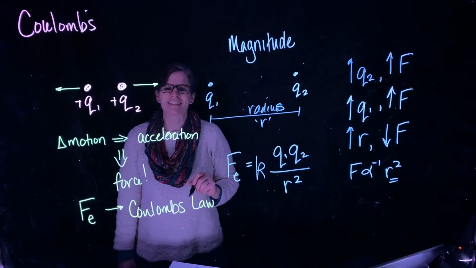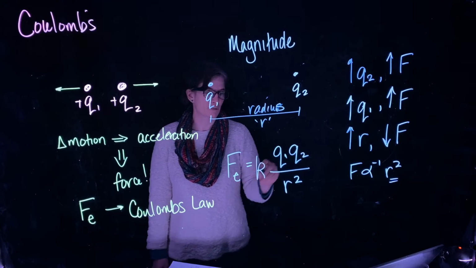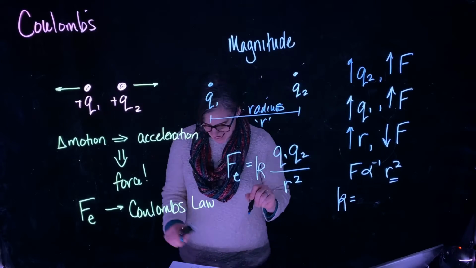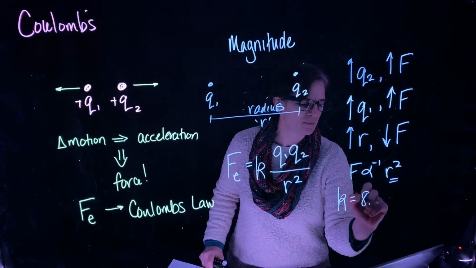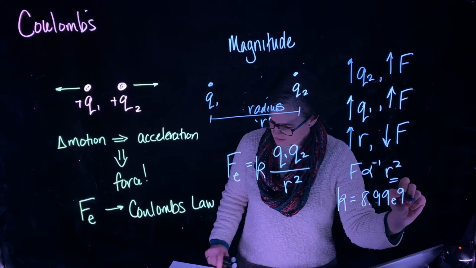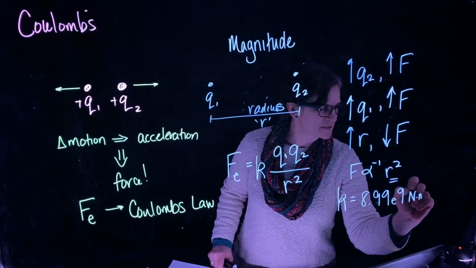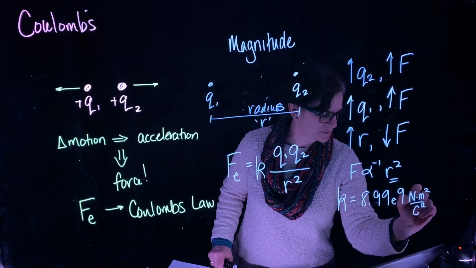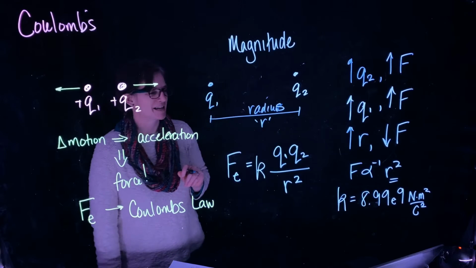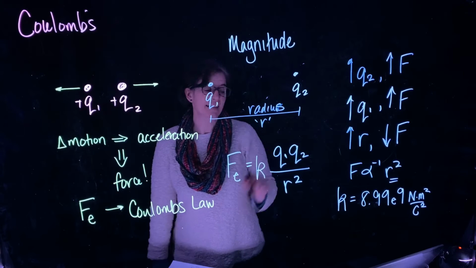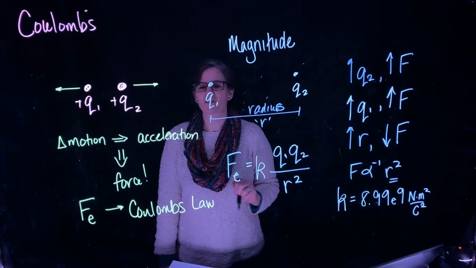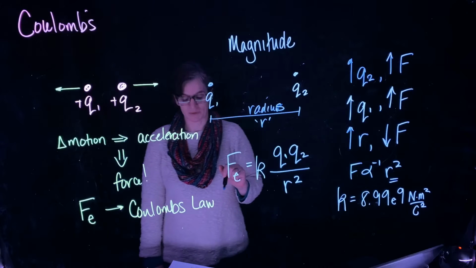We use the letter K for our constant of proportionality. K is Coulomb's constant, and it is equal to 8.99 times 10 to the 9th newtons times meter squared per coulomb squared. Oftentimes that's shortened to 9 times 10 to the 9th, but if we're going to be so specific, it's 8.99 times 10 to the 9th. So that's the constant of proportionality in Coulomb's law.